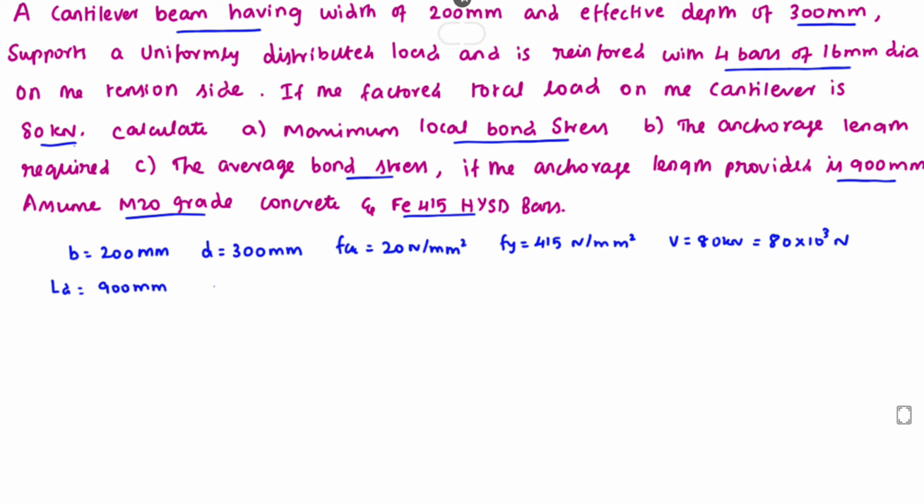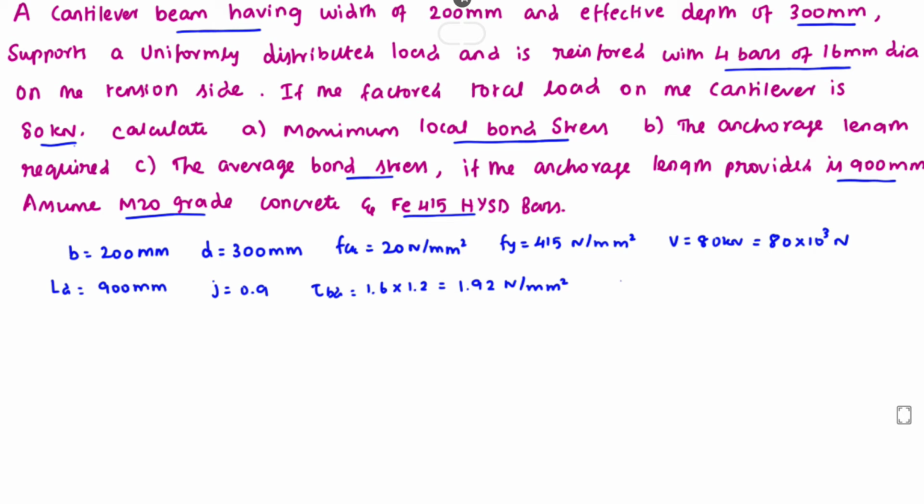Next, we can use IS 456. J equal to 0.9. Then tau BD equal to 1.6 into 1.2, that is equal to 1.92 Newton per mm square.